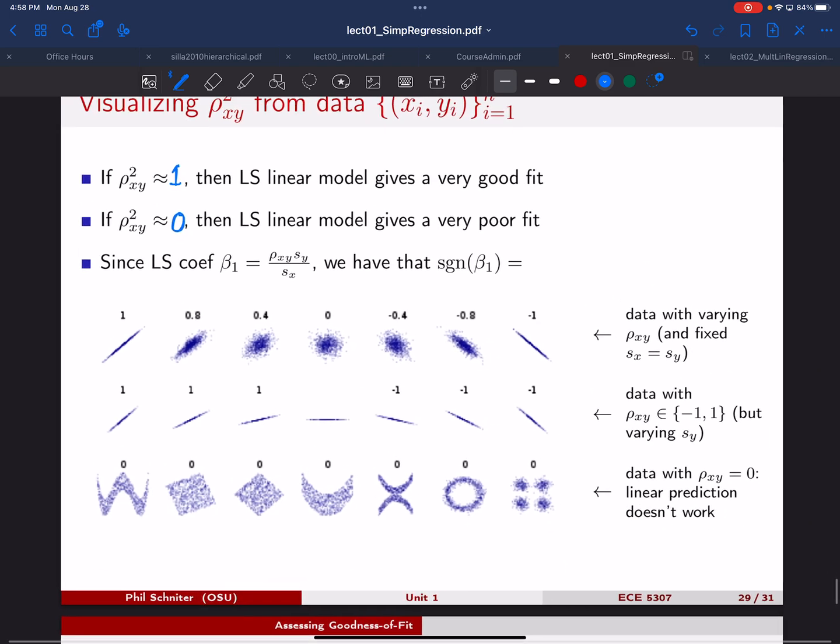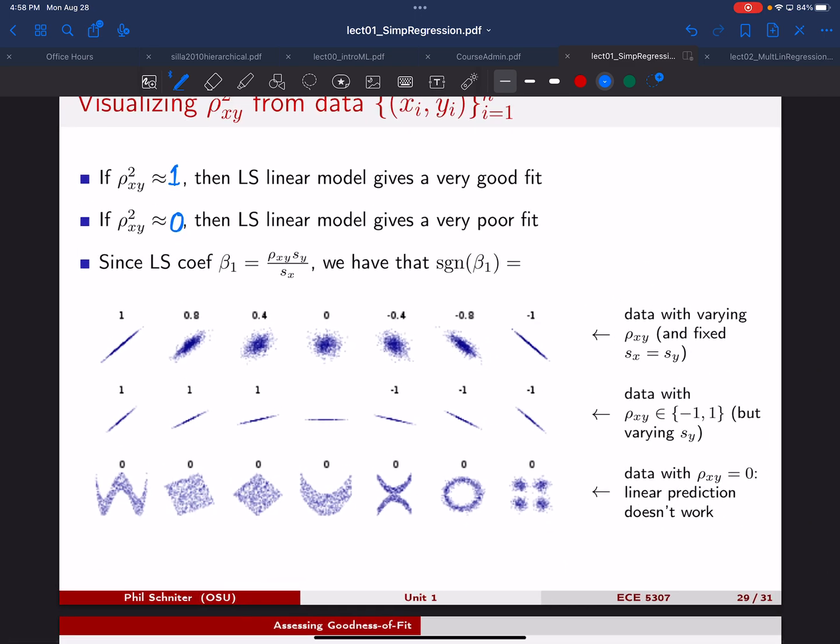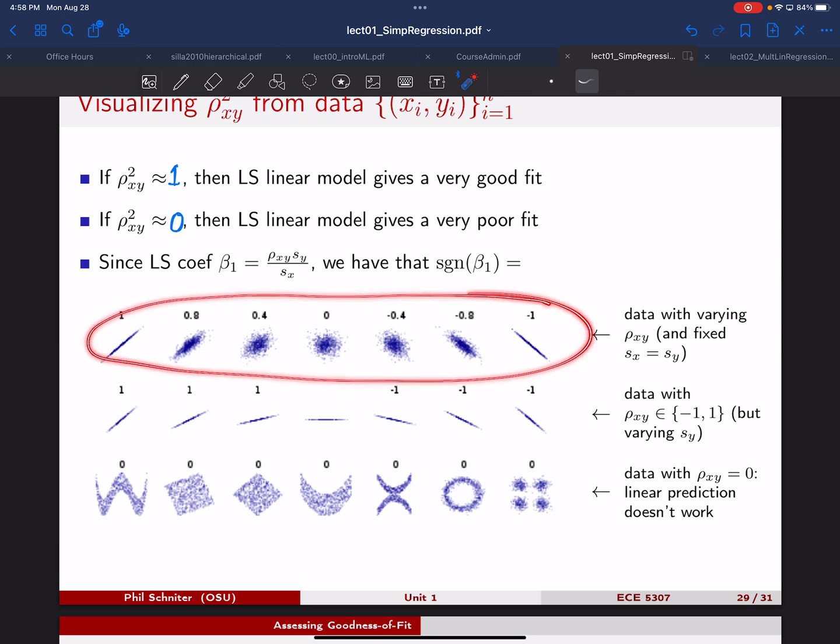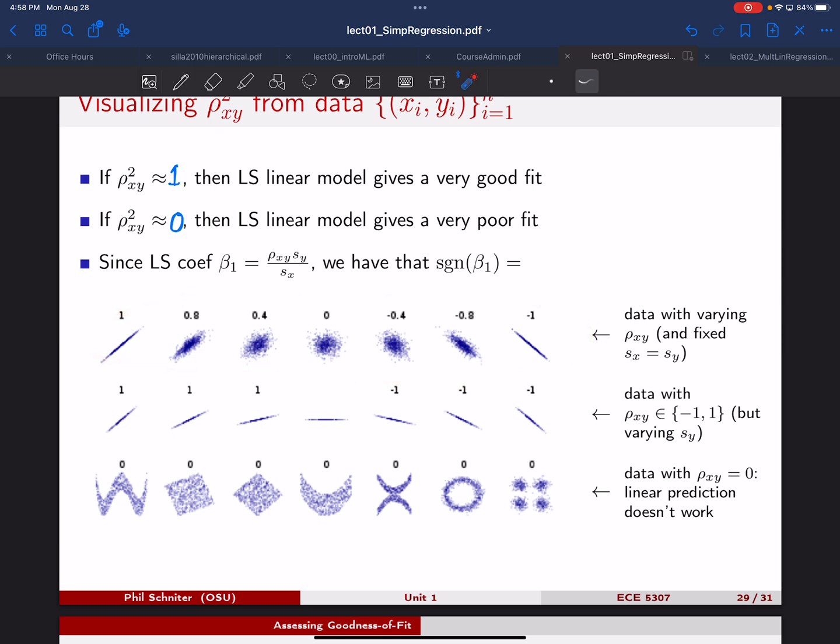Now we realize that this rho xy really tells us all about how good a linear fit will be. And we saw this picture before. These were different examples of rho xy.